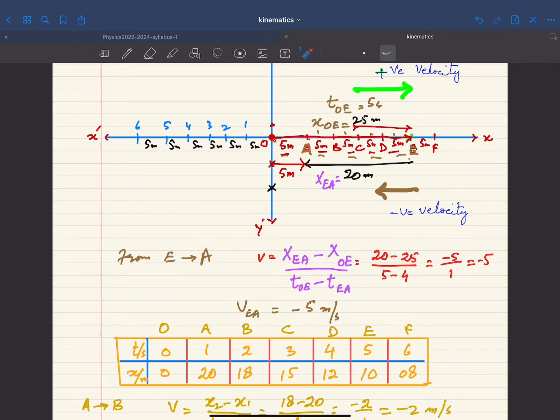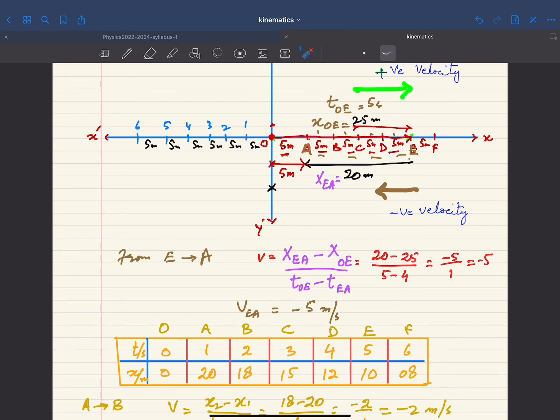Initially this was the displacement, and now when you are coming back, your displacement is from E to A, and this is 20. So ultimately you have -5, and this -5 is of course meters per second. Remember one thing, that this negative here is not showing the decrease in velocity. This -5 is only showing that you have changed the direction. So this is very important.